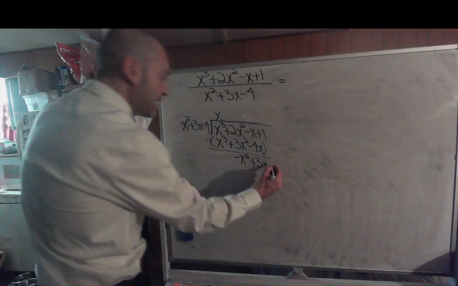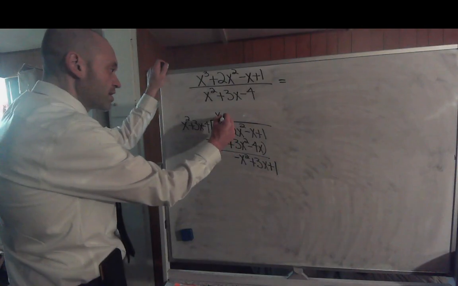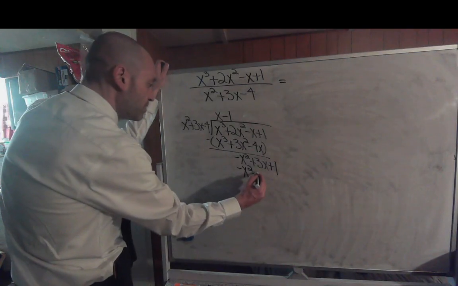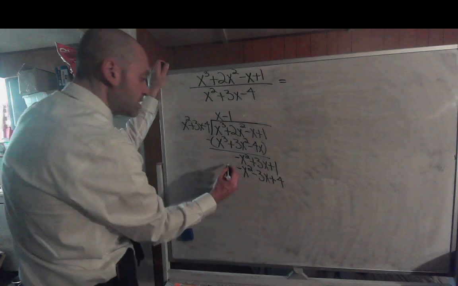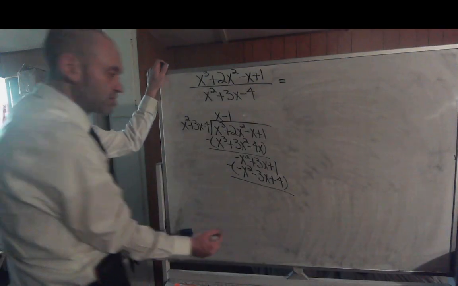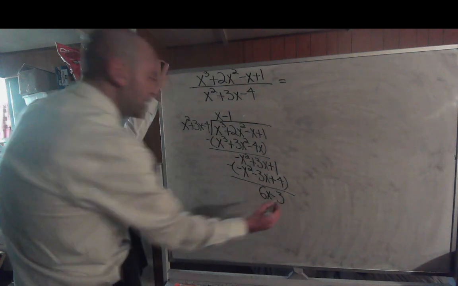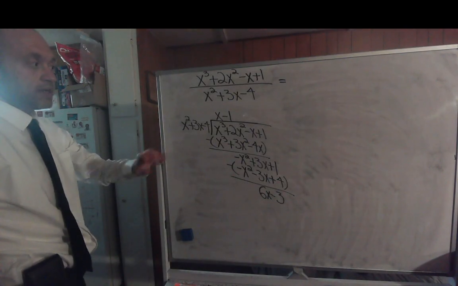Now go ahead and bring down your plus 1. x squared goes into negative x squared minus 1 times. So this would turn into minus x squared minus 3x plus 4. Go ahead and subtract your equations. x squareds are gone. You end up getting 6x minus 3 as your remainder. So 6x minus 3 is your remainder.